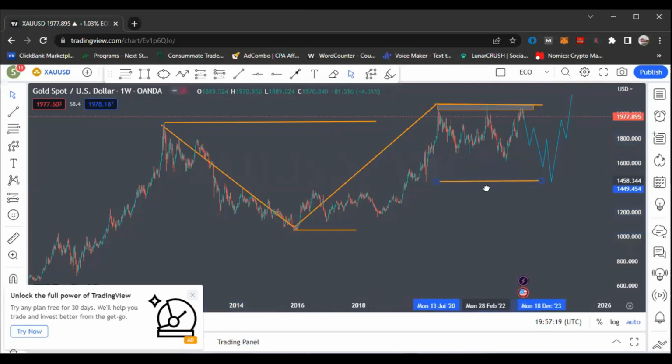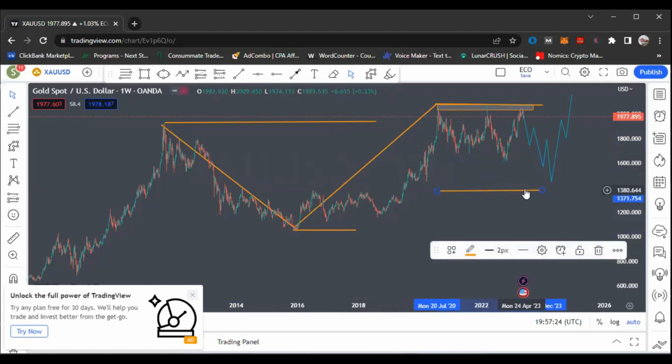All right, so what I can say on gold for this week is we will still see the range continuing on the weekly chart.